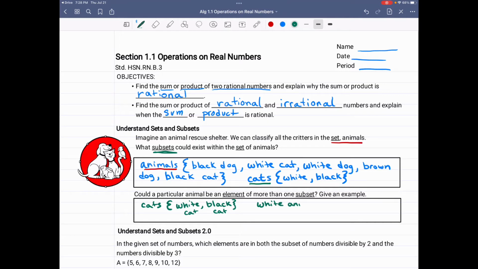This would be another subset of the set animals. We have white animals, and within that, we have a white cat, and we have a white dog. Now you can see that yes, the white cat is in both subsets. So a subset is something that's within a bigger set.